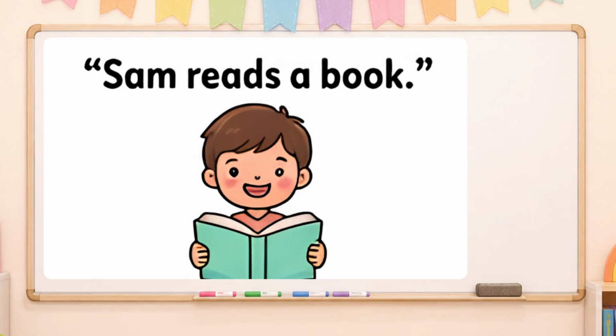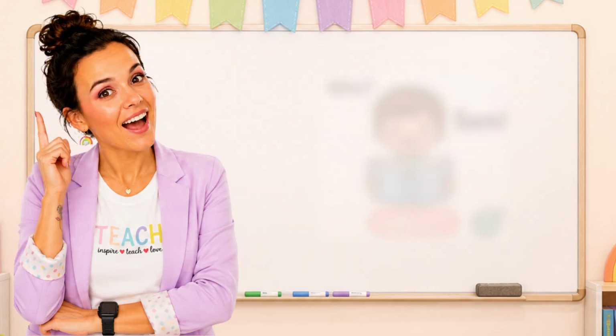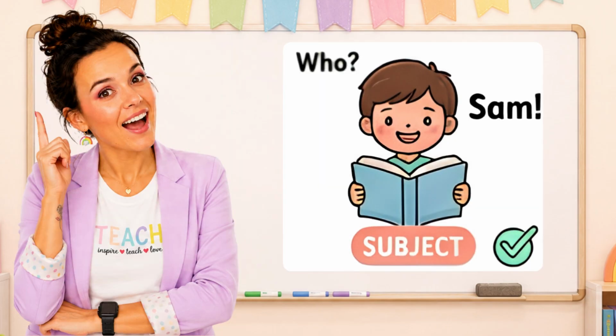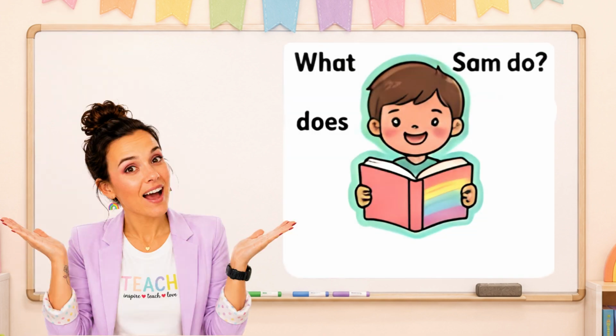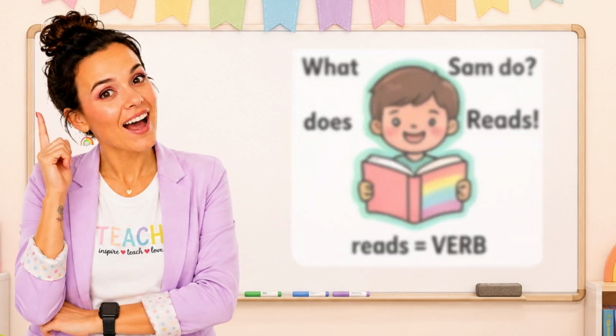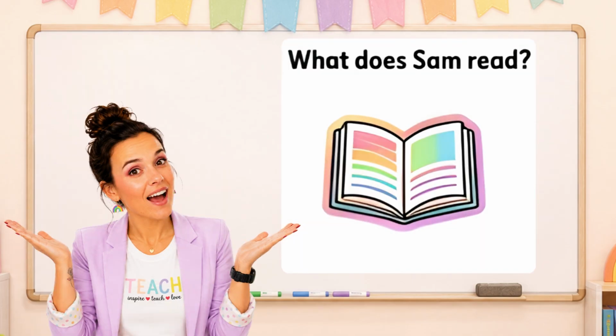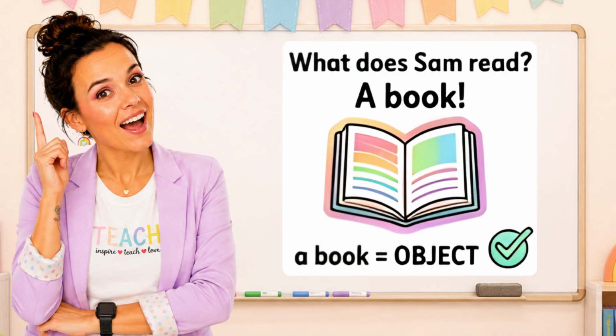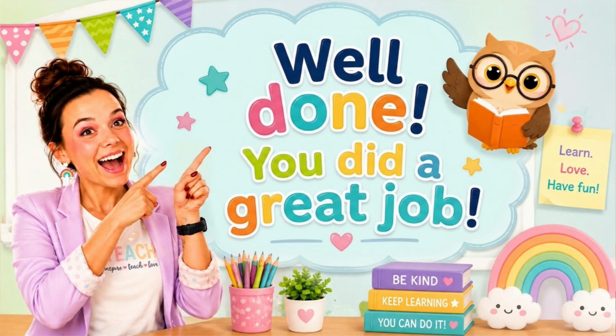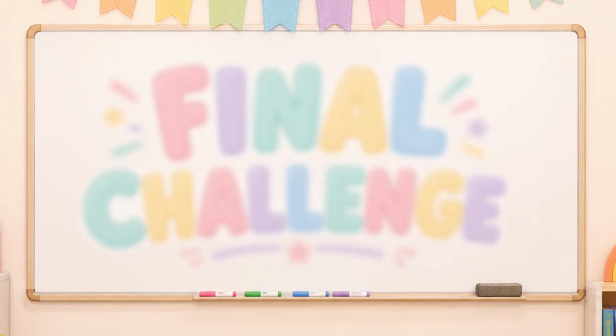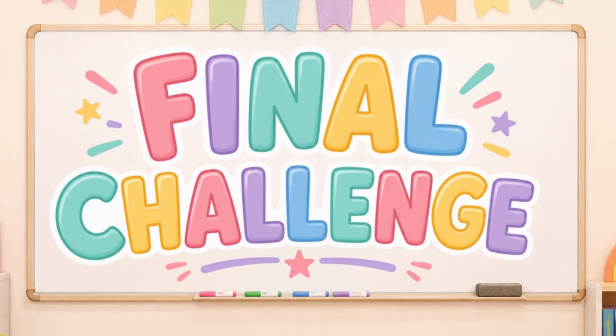Sam reads a book. Who? Sam. Subject. What does Sam do? Reads. Verb. What does Sam read? A book. Object. Wonderful. Let's do one final challenge.